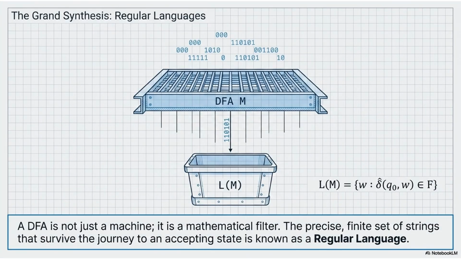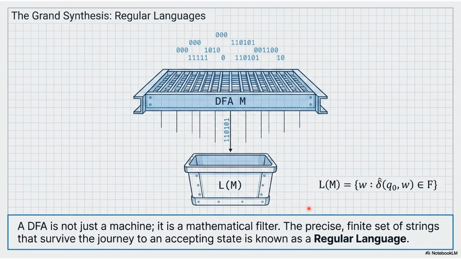In the next slide, regular languages. The set of strings accepted by this DFA is called a regular language. The strings which move to the final state and are accepted by the DFA form the regular language. The DFA is widely used in computer science applications.